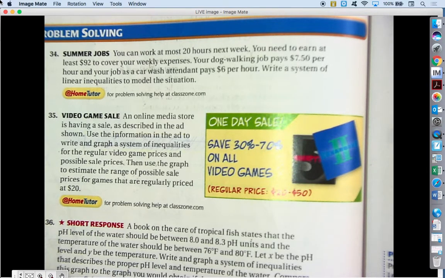How much are you making as a car wash attendant? 6. 6. And how much money do we want to make? 92. It says at least, so greater than or equal to 92. You didn't have to graph that one. You were just asked to come up with the system of linear inequalities to model the situation. Any questions? No?